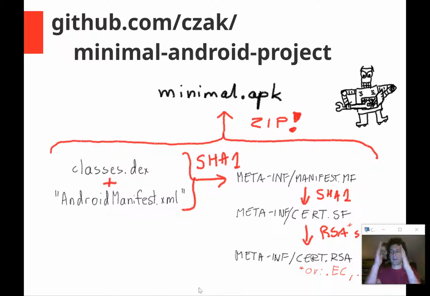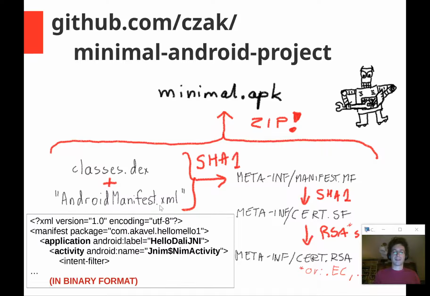Once we do have this thin DEX wrapper, glue bridge, we still need to pack it in an APK to deliver it to the Android device. Now an APK file is actually a glorified jar, which is a glorified zip. Apart from the classes DEX, an APK file requires a manifest file, which is an XML, but it's not.